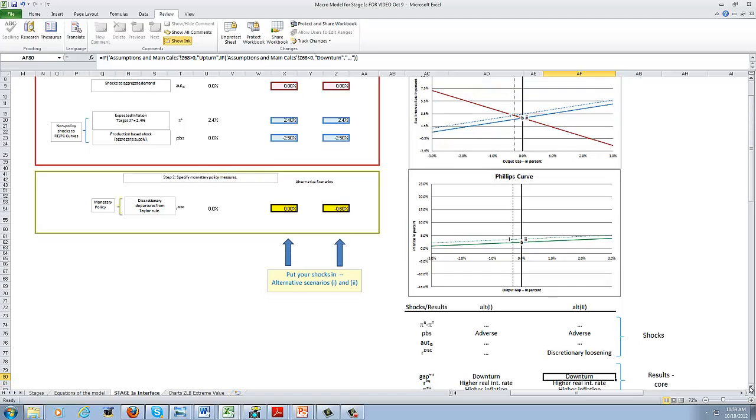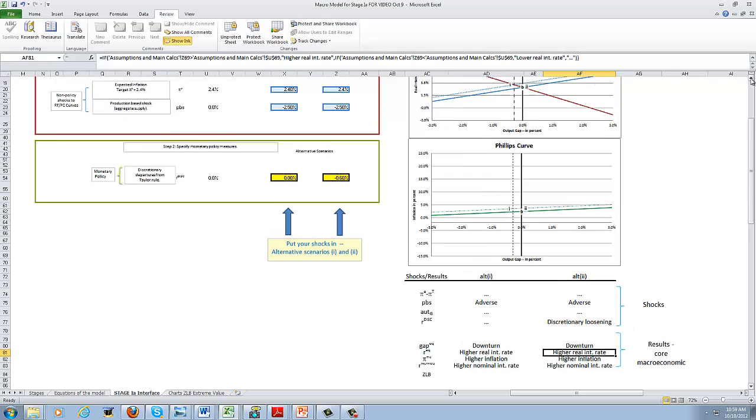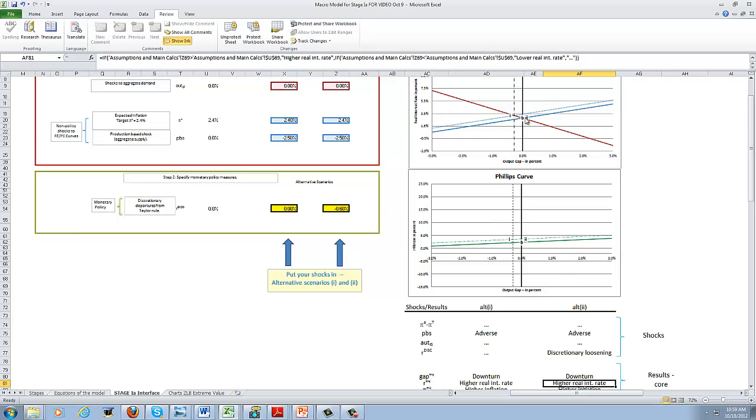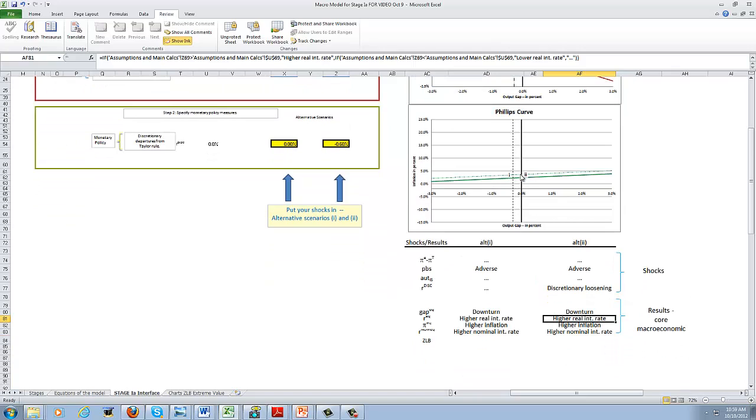Now I should say that at the next stage of the model, we'll actually be able to see some numbers, and you'll be able to do the calculation that will get you those numbers. The same thing here is for the higher real interest rate. It's only slightly higher, as you can see here in the graph. It's essentially what it was under the baseline, but also you can see that we're going to have higher rates of inflation than we would have had either under alternative 1 or the baseline.